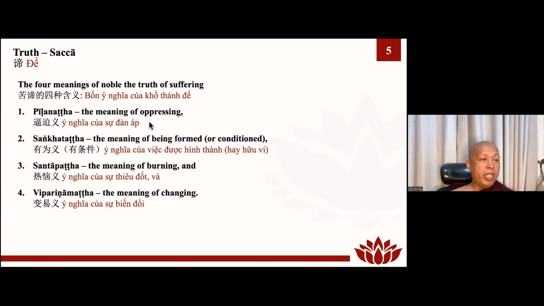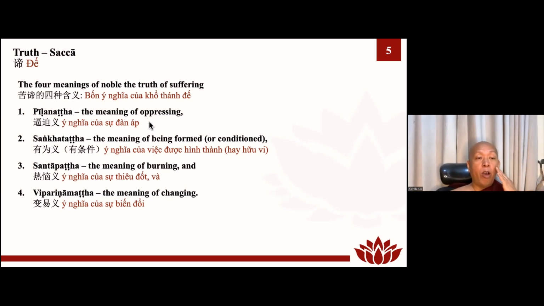Another one is sankhatattha, the meaning of being formed or conditioned. When we say sankhata, I mostly understand it as conditions, because I have a Pali background. According to the causes, we may have different types of arising. For example, the object can be one of the conditions.